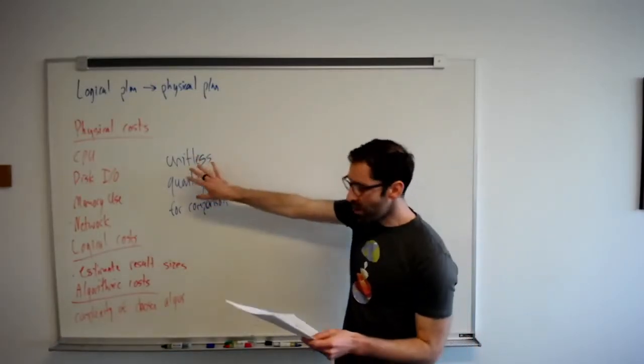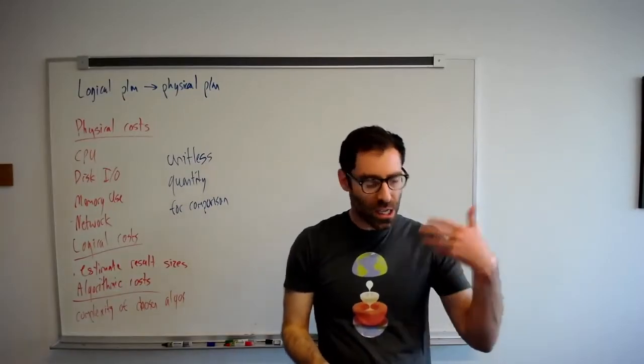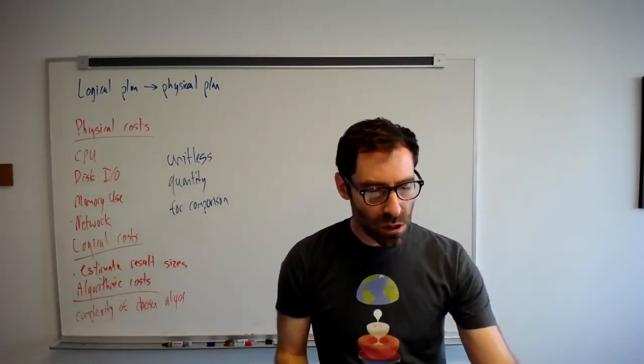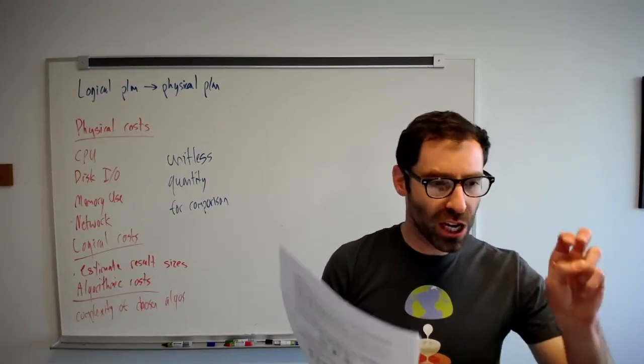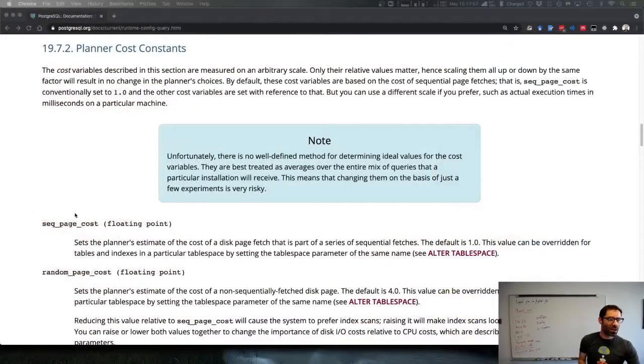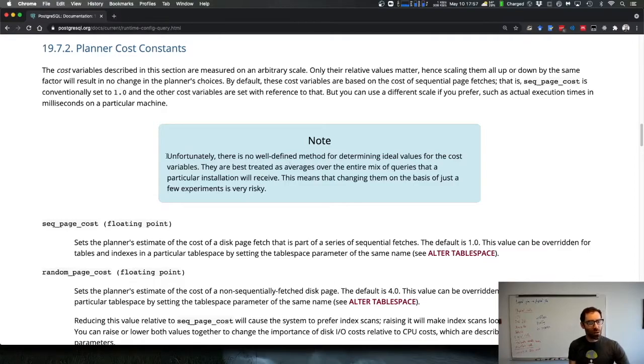Speaking of where these numbers come from, different systems do it different ways. Postgres, for example, has a bunch of magic constants that it uses. For example, it says that processing a tuple in memory is 400 times faster than reading it from disk. And it also notes that, unfortunately, there is no well-defined method for determining the ideal values for these variables. They're best treated as averages over a mix of queries, and changing them based on only a few experiments is very risky.